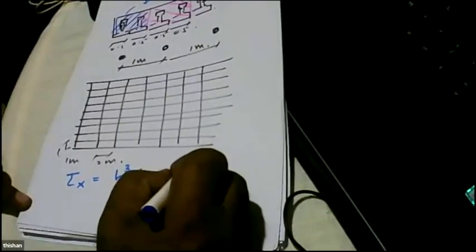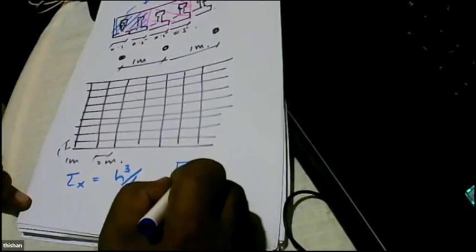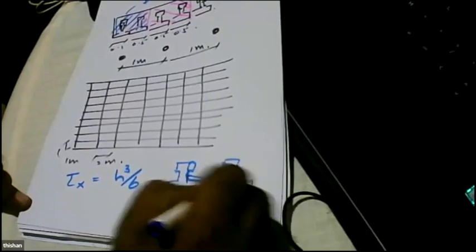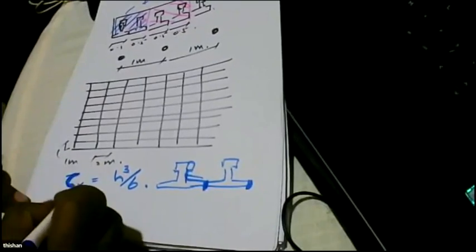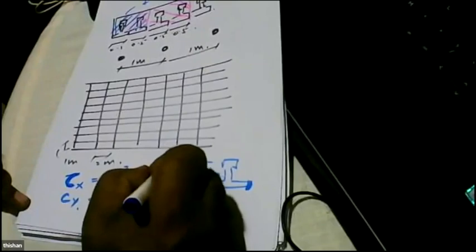But I explained earlier, because we have this shape, here there's a discontinuity. So we have 2 different lines, and we can say Cx, Cy. So this will be H1, this will be H2 cubed divided by 6. Because we are getting 2 heights, H2 this way, and in the other direction, H1.